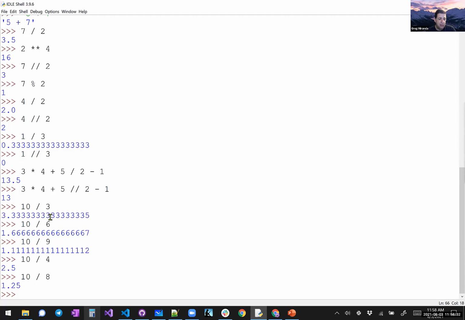Isn't technically 1/3 of something an infinite number of 0.3s? The answer is yes in math, but a computer can't store an infinite amount of data. You'd run out of memory, you'd run out of disk space. So it has to round somewhere. We're not going to get into the details, but what it means is that floating point numbers have this built-in inaccuracy, and they're hard to compare. And sometimes it's not even needed.